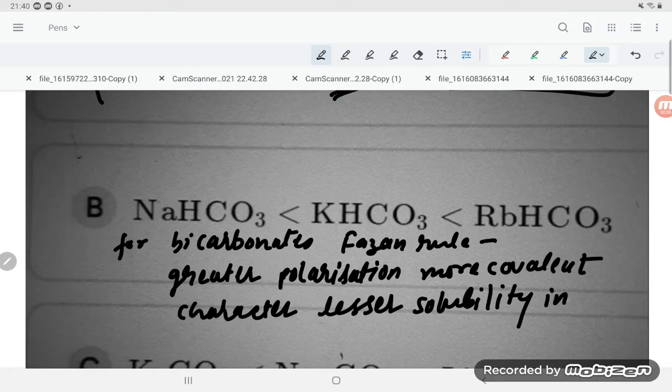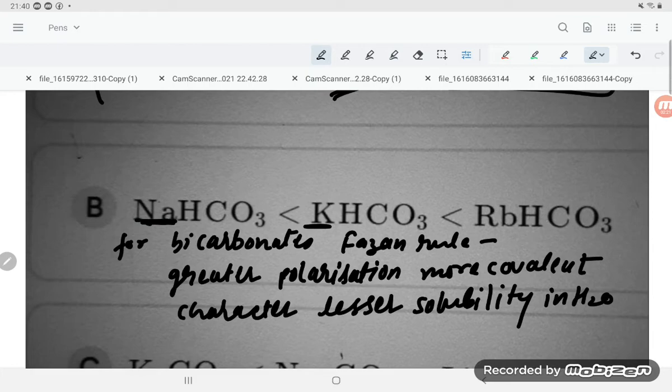So sodium has more polarization, so it is covalent, so it will be less soluble in water.